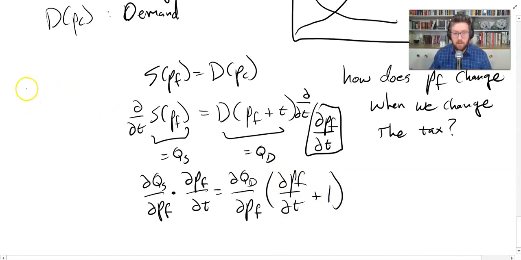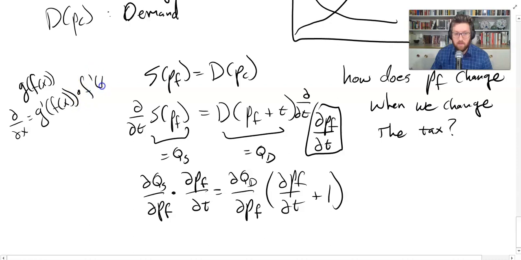As a reminder, if you have a function like g of f of x, and you want to take the derivative of it with respect to x, it's going to give you the derivative of g at f of x times the derivative of the thing inside. And that's what we're doing down here.